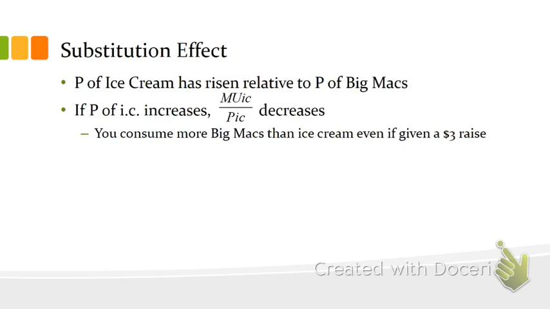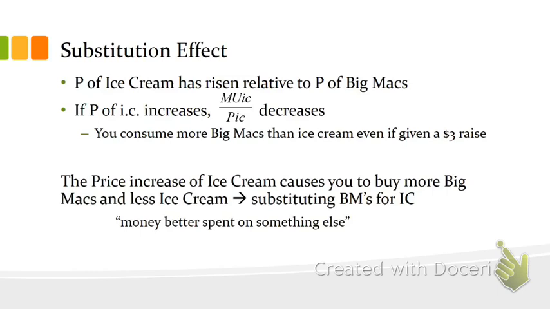So if I'm given a $3 raise, I'm going to consume more Big Macs. If I have more money to spend and the price of one of the goods goes up, I'm going to consume more of the other good, because it changes this ratio for ice cream. So the price rise causes you to buy more Big Macs and less ice cream, substituting Big Macs for ice cream. You can think of the substitution effect as money better spent on something else.